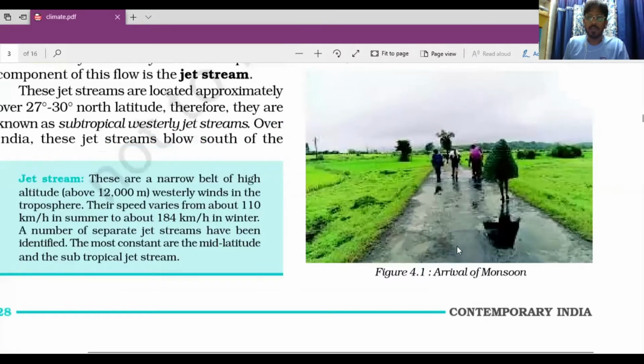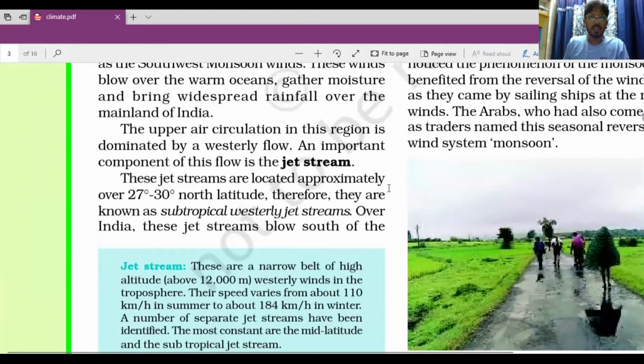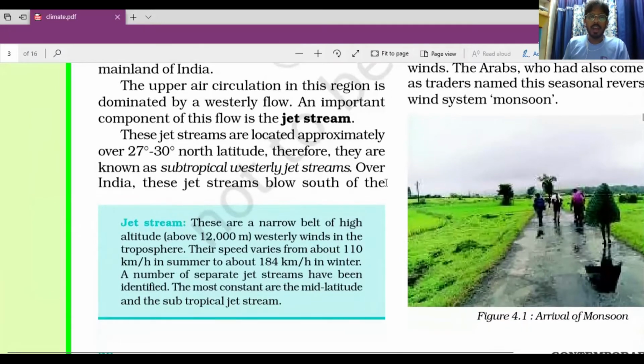What is the definition of jet stream? See, they are a narrow belt of high altitude, about 12,000 meters, westerly winds in the troposphere. Their speed varies from 110 km per hour in summer to about 184 km in winters.